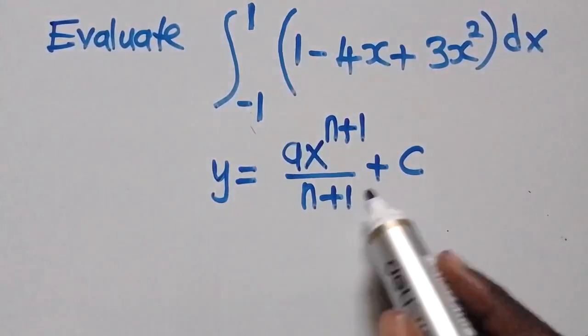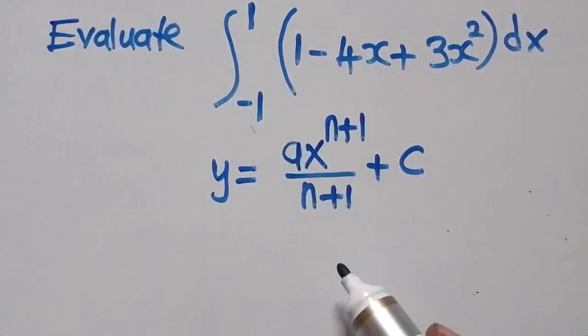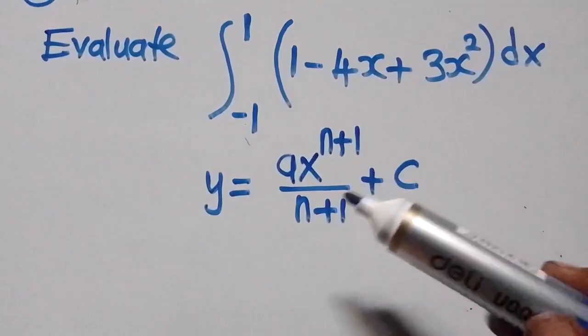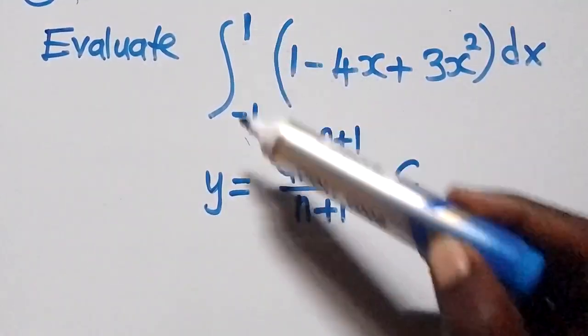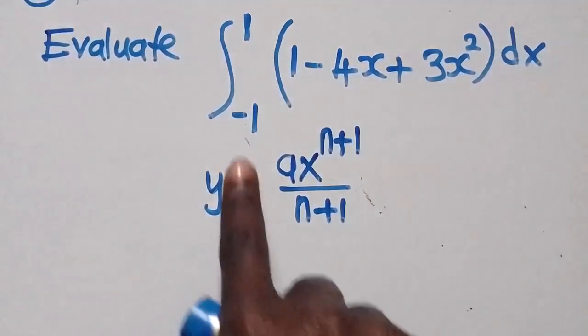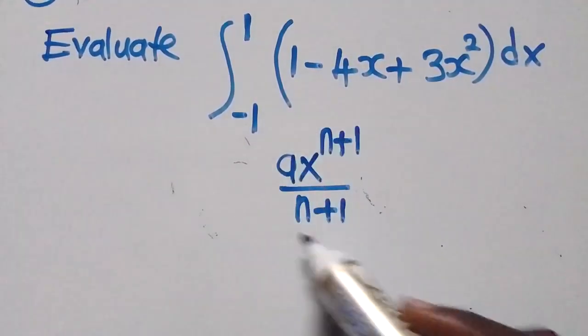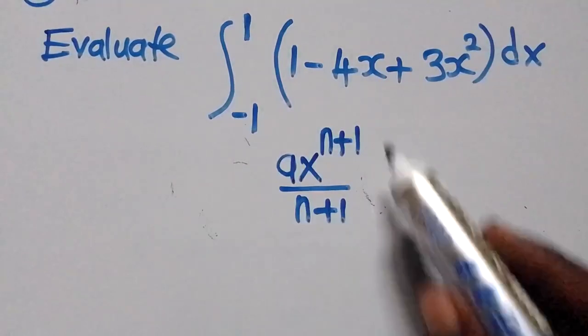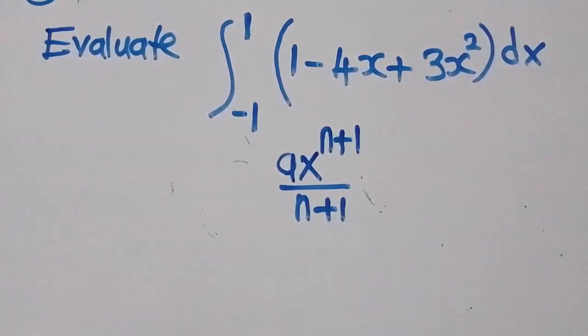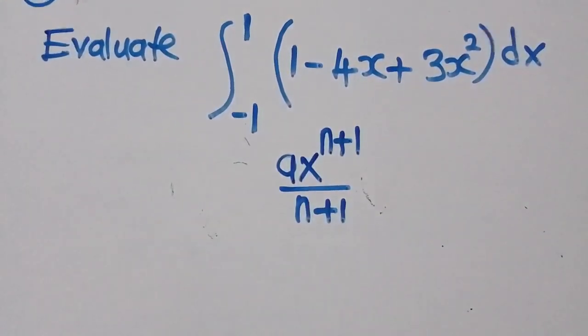We use this one when we are not given the limits. But in a case where limits are given, we just need to know this one. Once you know this one, everything becomes simple.